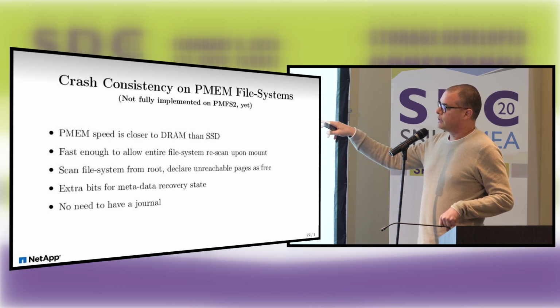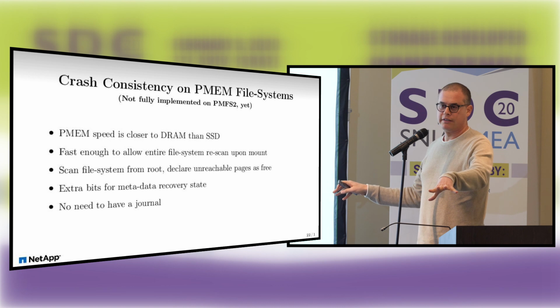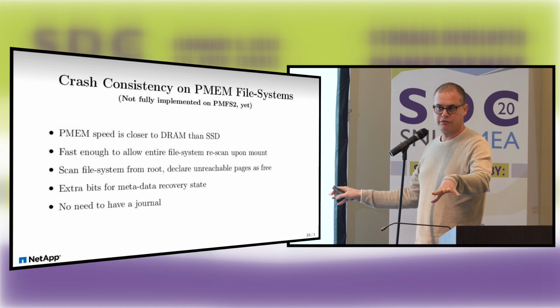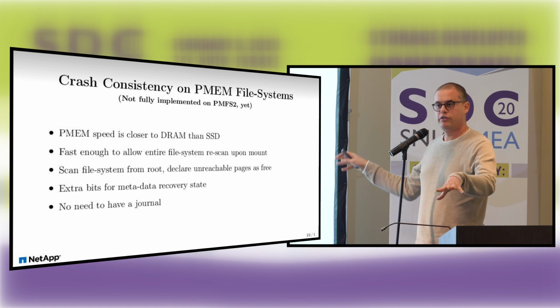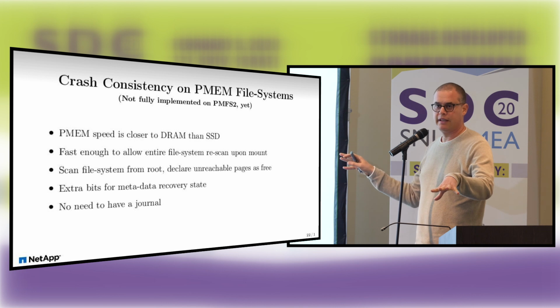The third point that I'm making here is that the ability to rescan the entire file system upon remount allows us to write a rather simple algorithm for detecting the free space. That means that we don't need another bitmap or some other complex data structure to maintain the free space.